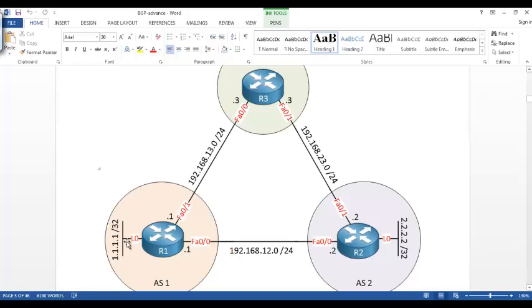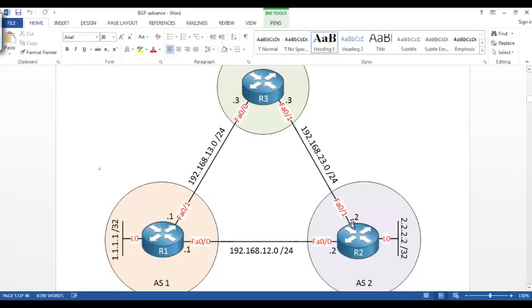the route that you advertise on R1 will be seen on R2 as if it needs to go via R3, meaning R2 will learn 1.1.1.1 via R3.